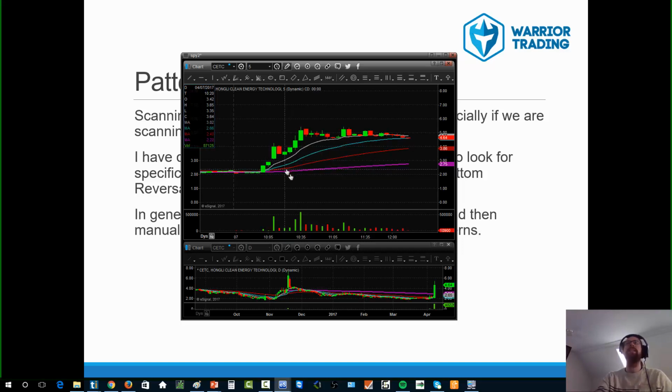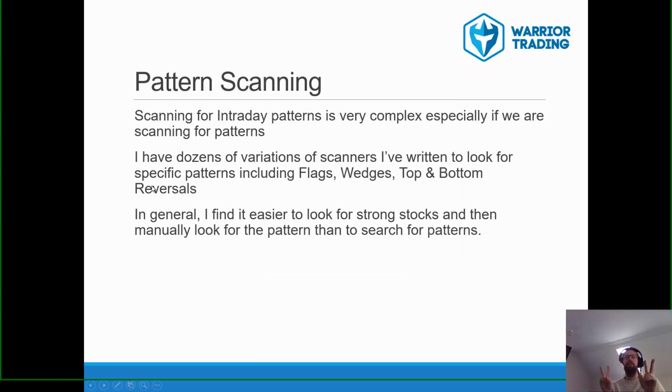So finding that common ground, and telling the scanner what to look for, I've found that most of the scanners I've ever tried to create are really not very good at finding patterns, right?